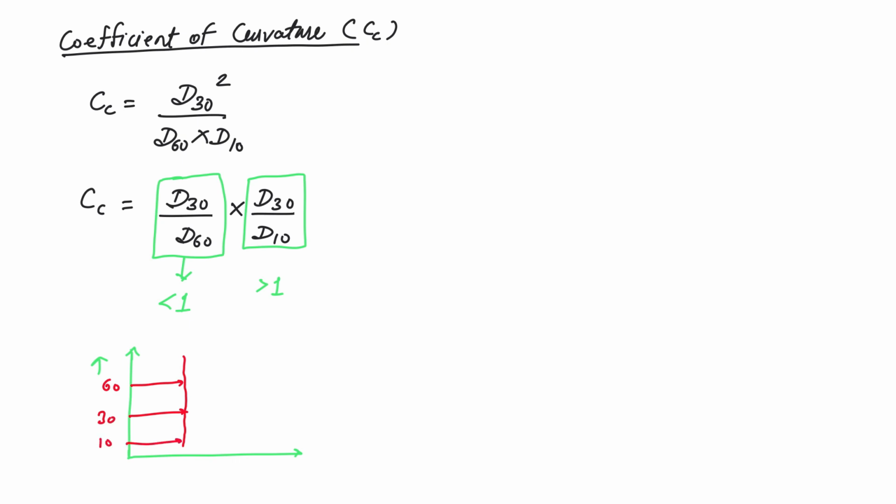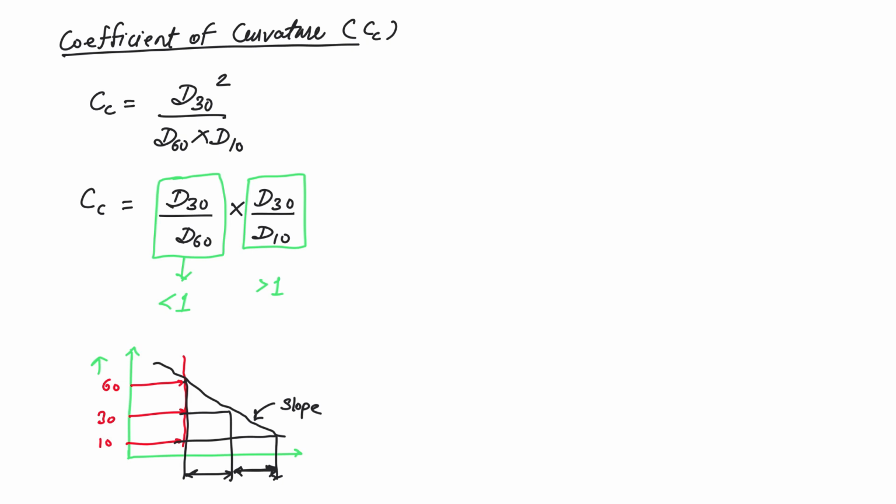So all these are equal. But if I am plotting the graph of a particular well graded soil, what you can see here is that D60 will come here, D30 will come here and D10 will come here. And yes, here you can see that the slope is almost constant if this difference is almost equal, yes or no.